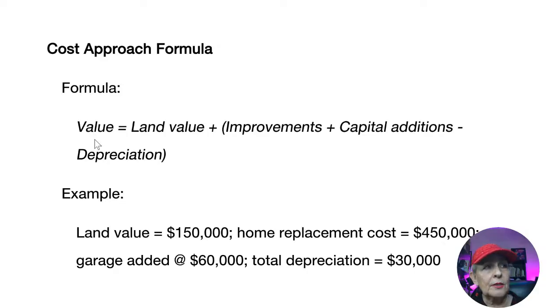In the cost approach, the value equals the land value plus improvements plus any capital additions, like added equipment or, if this is a farm, a garage added to the building, minus depreciation, because the property depreciates.